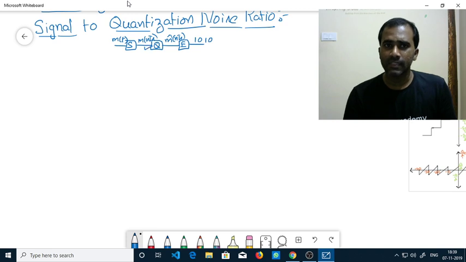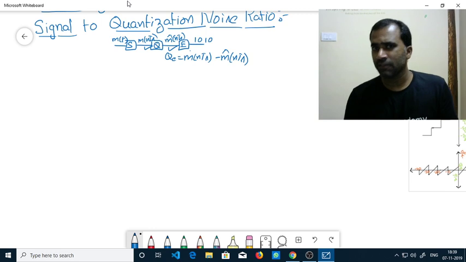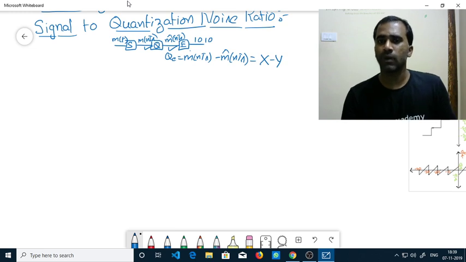Whenever the signal is quantized, we get some quantization error, which is equal to input voltage minus output voltage. Input voltage is m of nTs minus output voltage m cap of nTs. Or in the language of the graph, it is x minus y: input voltage to the quantizer minus output of the quantizer.